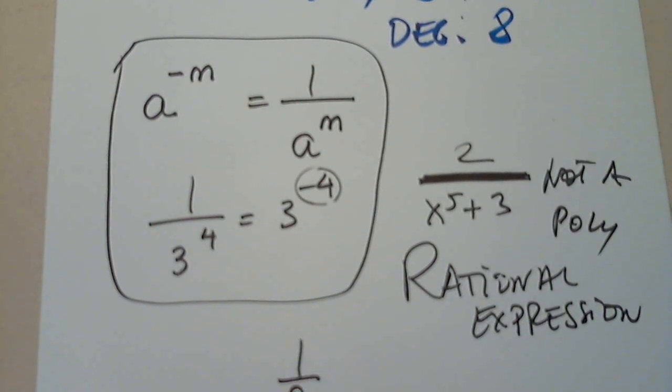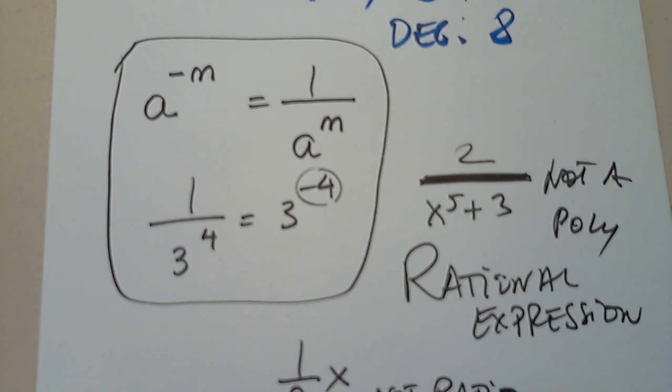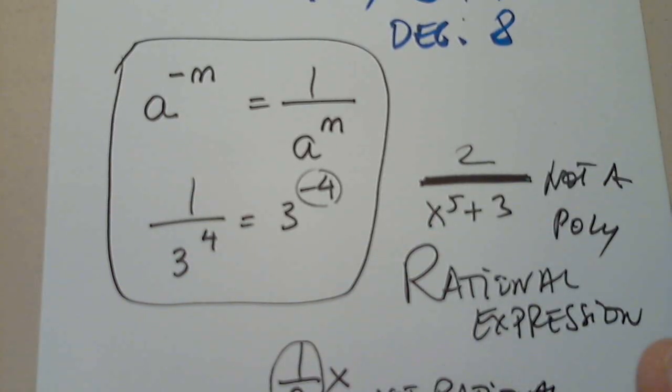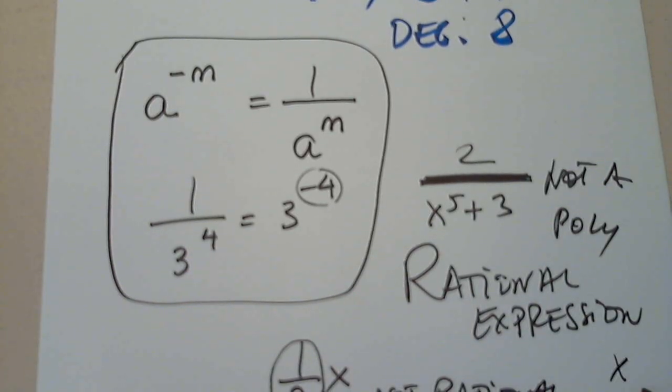But this one is not a rational expression because x is not in the denominator. So the coefficient can be anything. The coefficient times x is one thing, but I meant 1 over x, this is rational. This is not a polynomial. This is a polynomial. It's 0.5x.